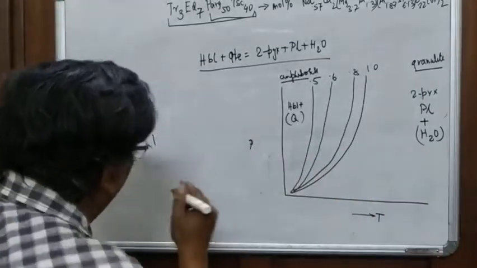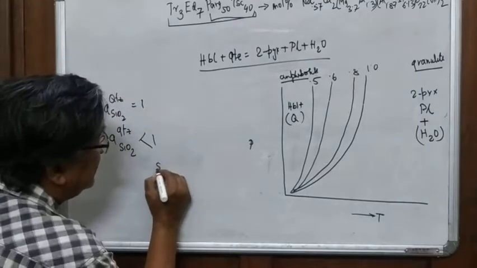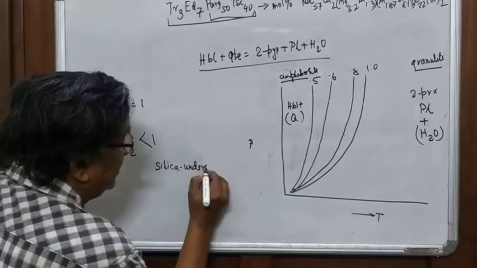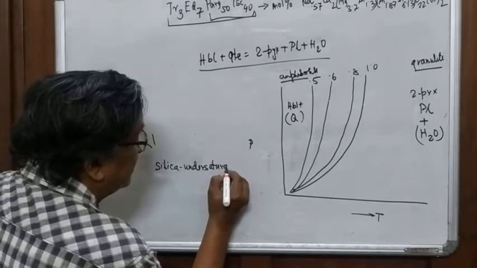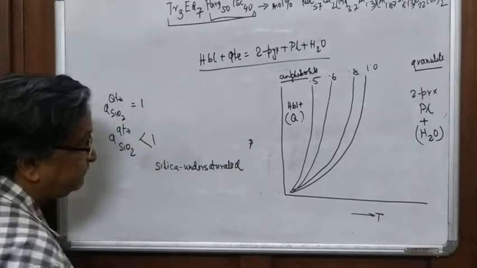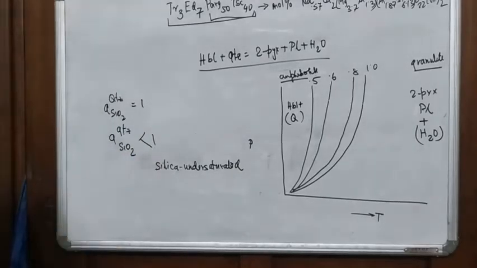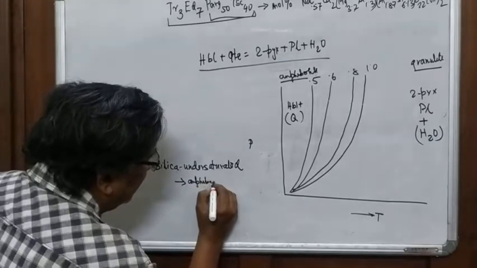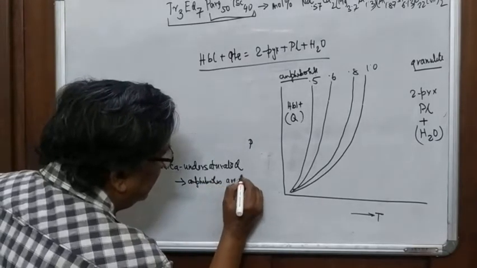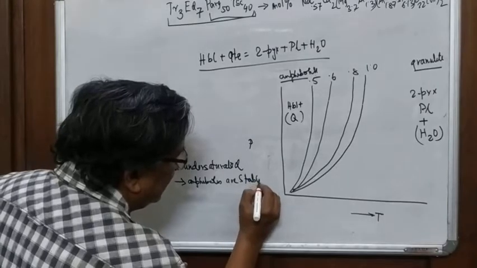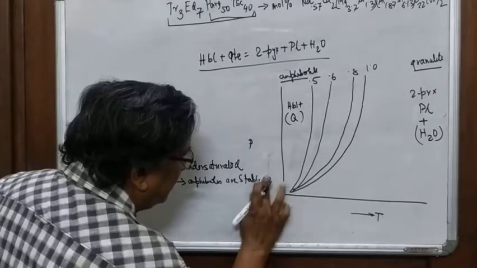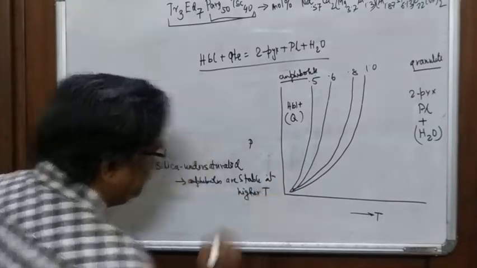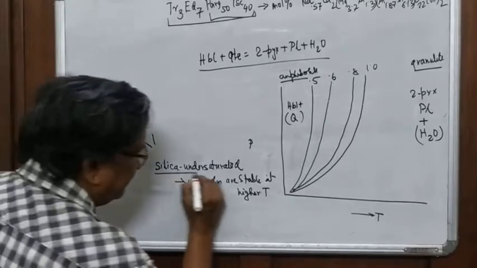So here we go. If you have silica undersaturated conditions, then amphibolites are stable to higher temperature for silica undersaturation.